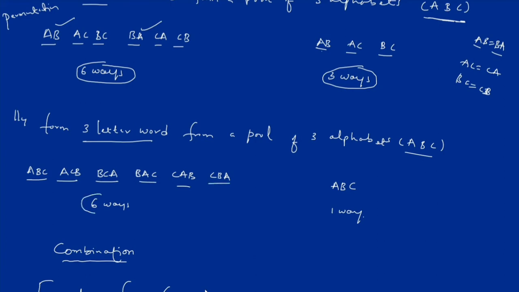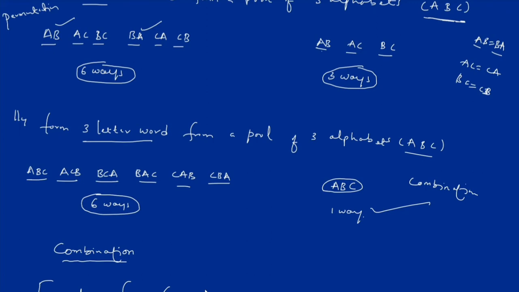Again, six ways in permutations, right? But in combination, we are getting only one way, ABC, only a single way. So here six ways, here one way.